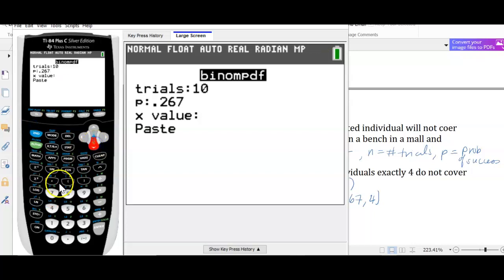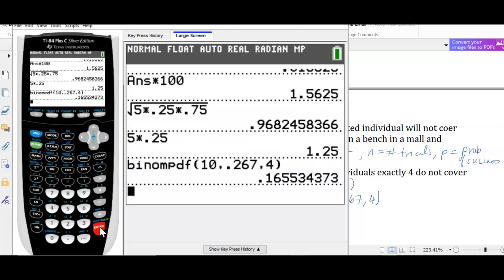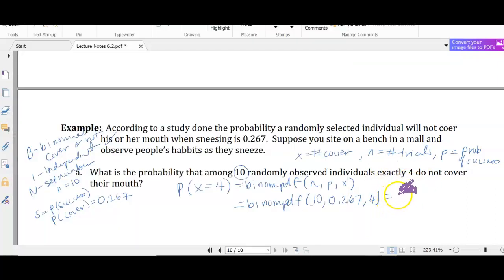The X value was 4, because we wanted exactly 4 to cover their mouth in this experiment. You go through and you push enter, and you get 0.1655.